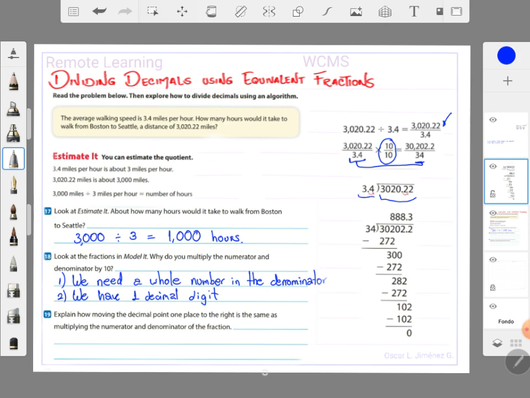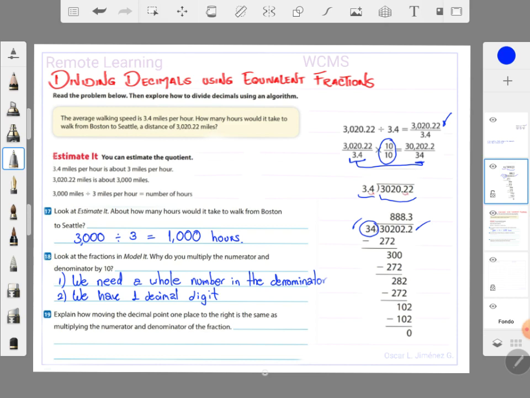But look, they move the decimal point one place to the right, and now they have 30,202.2 divided by 34. Okay, so now the dividend is a decimal number, but the divisor right here is a whole number. Again, why is moving the decimal point the same as multiplying the numerator and the denominator of the fraction by 10?